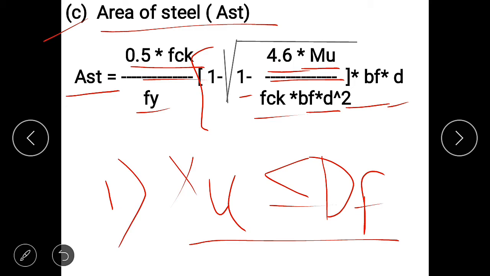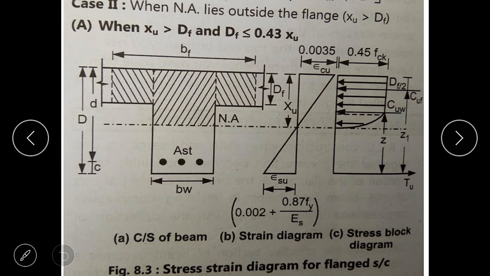Now we are going to study case number 2. Case number 2 is when the neutral axis lies outside the flange, meaning the neutral axis lies in the web. This is the second case, so xu is greater than Df. When xu is greater than Df and Df is smaller than 0.43 xu, then you can use case number 2.